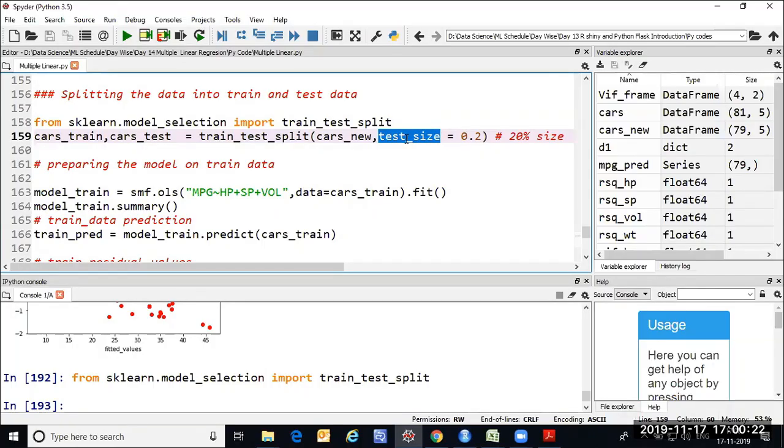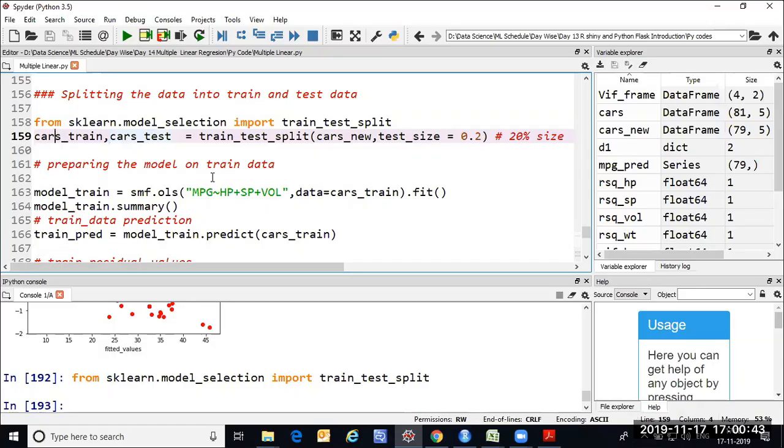What does that mean? I'm giving 20% of the data to test. So the remaining 80% will be in the train. Hence, this order also matters, friends. First has to be the training variable, second one should be the test variable.